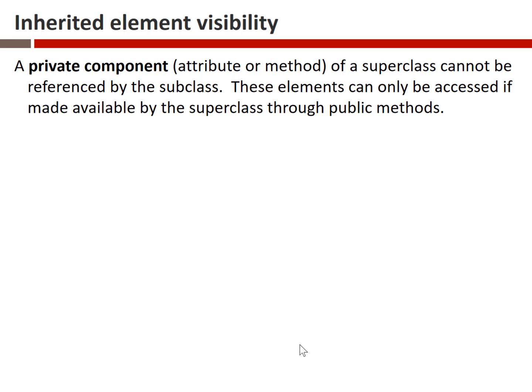But suppose I had private things in the parent, either a private attribute or a private method. How does that work out in inheritance? Well, here's the way it works out. The child gets those things, but the child cannot reference those things directly.